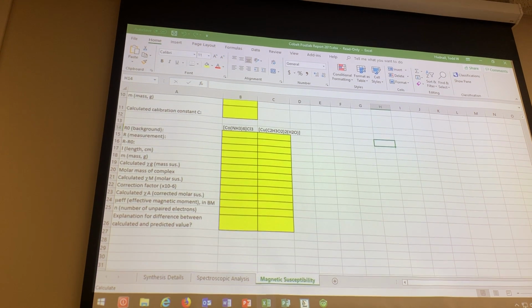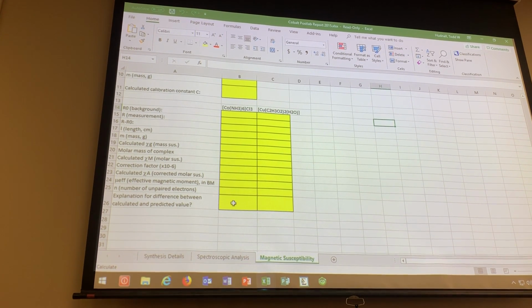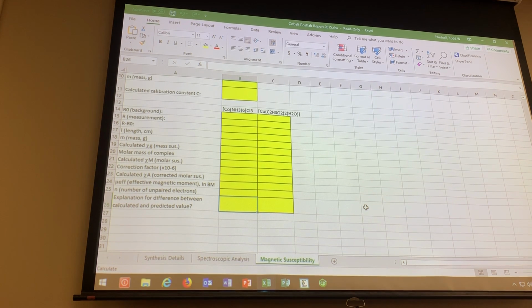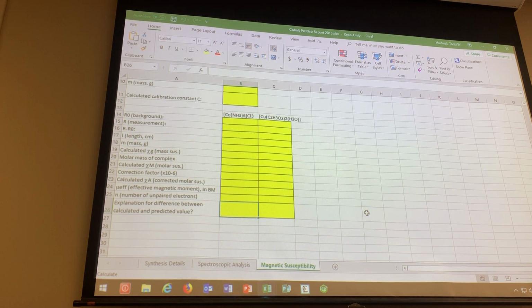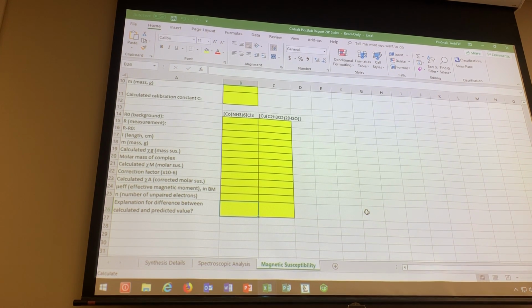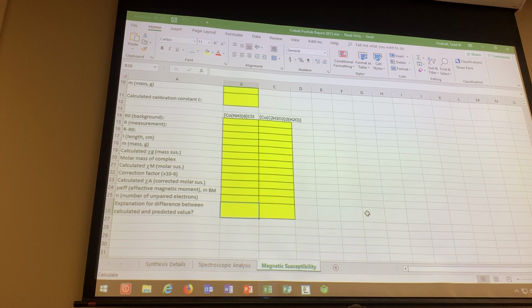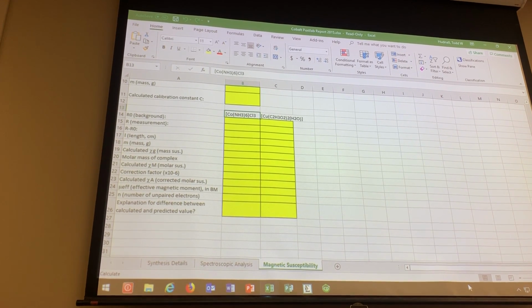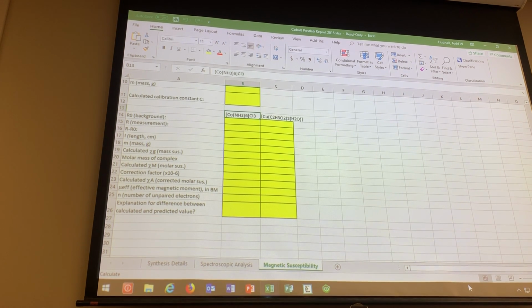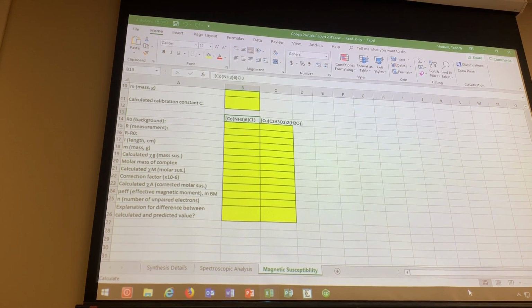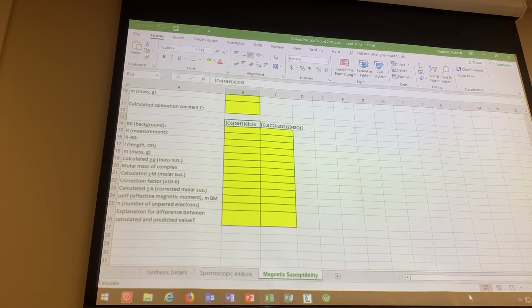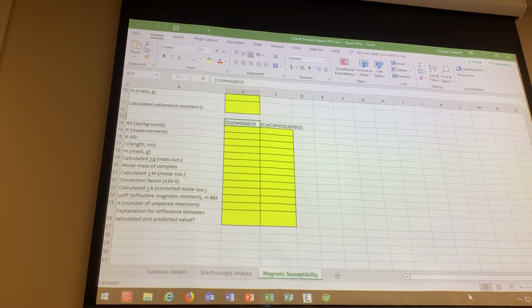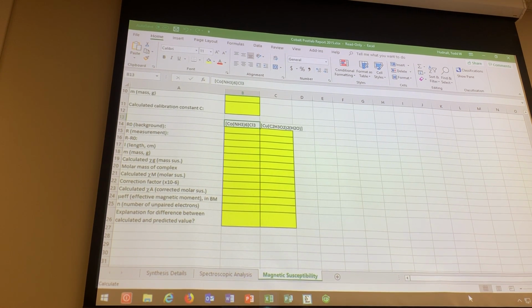From this measurement you'll be able to get the number of unpaired electrons in the system, and then you're going to say, based on this number I got, does that make sense with this complex right here, which, as I've already told you, is cobalt 3 plus in an octahedral environment. So that's a D6 low spin system, right? You could already figure out what that should be without even measuring it. But you'll go through and actually take a measurement.